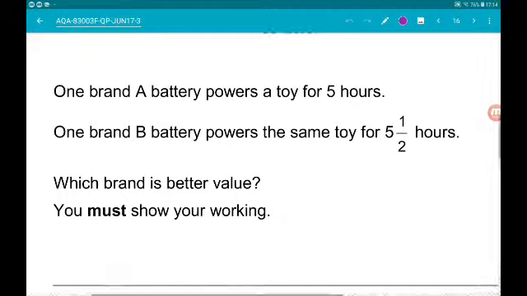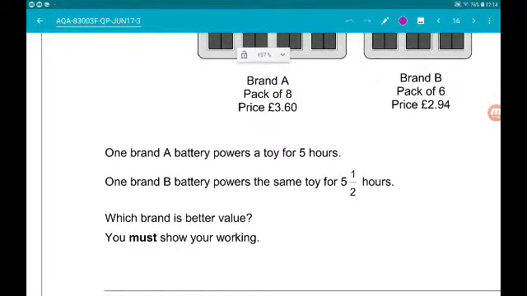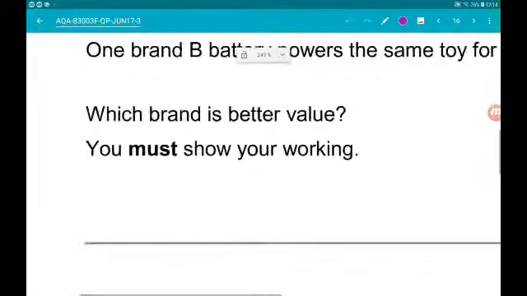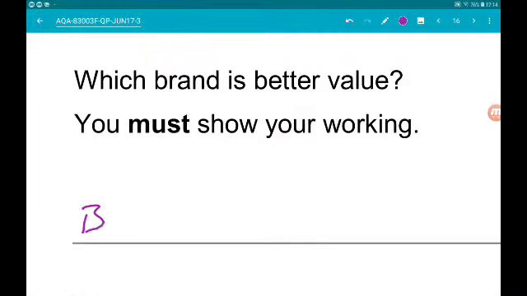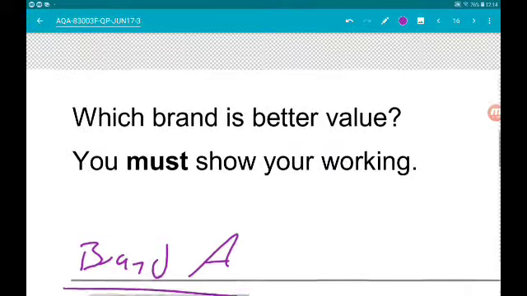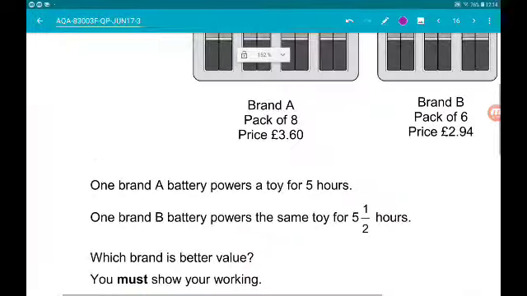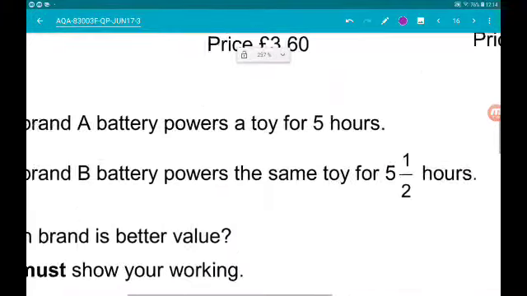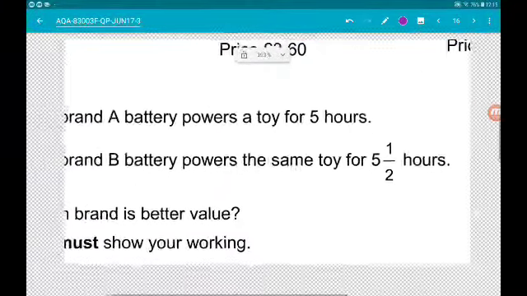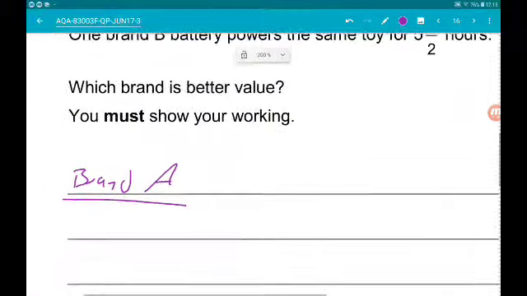So, first of all, what we can do with each brand is work out how many hours of power we get for the toy from each pack. So for brand A, we are going to get 8 batteries, and each one powers the toy for 5 hours.